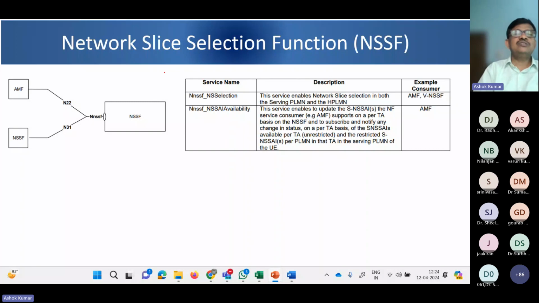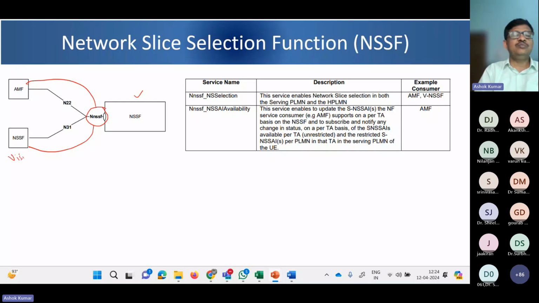So basically what you're seeing is a network slice selection function. This exposes an API. Using this API, the AMF or other network slice selection function can connect. When I'm saying other, this may be from a visited network.